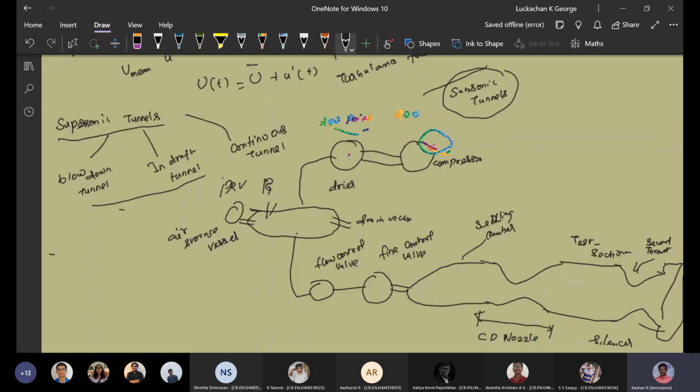Second, how much blow down time I get, the test section Mach number, and how long it stays stable at that Mach number. That is dictated by the atmospheric conditions, basically atmospheric pressure and temperature.